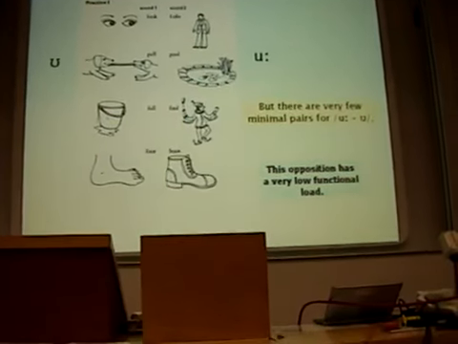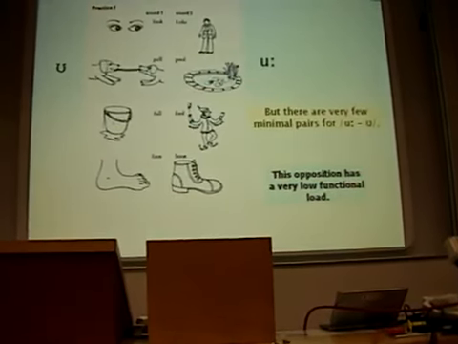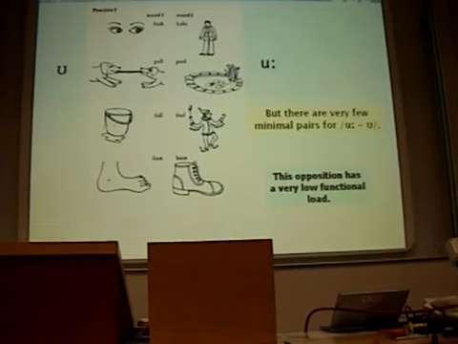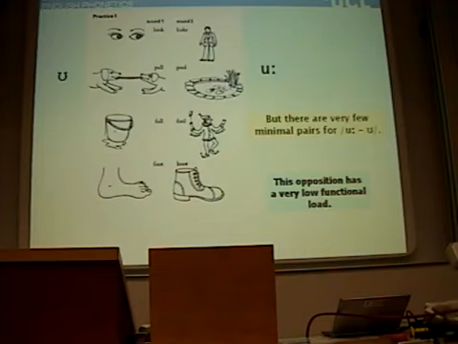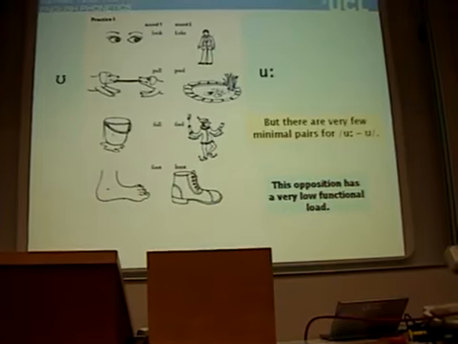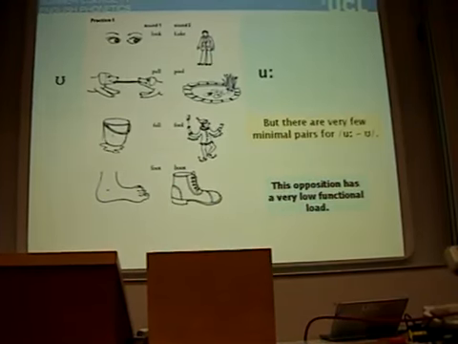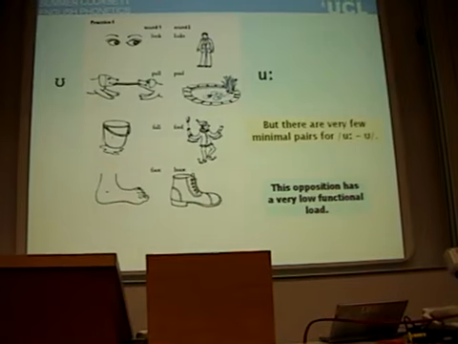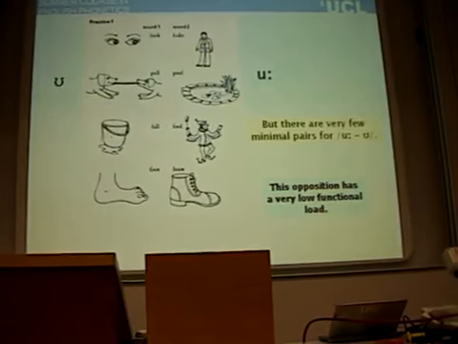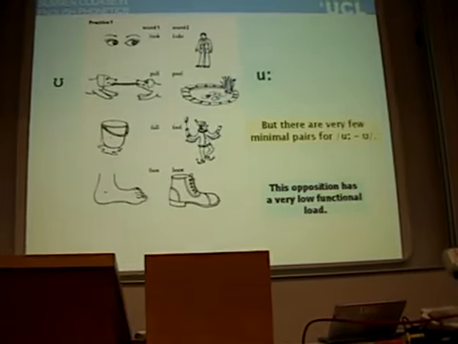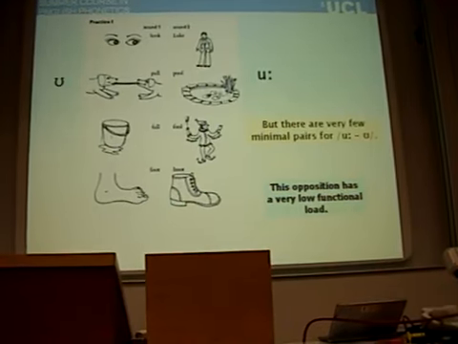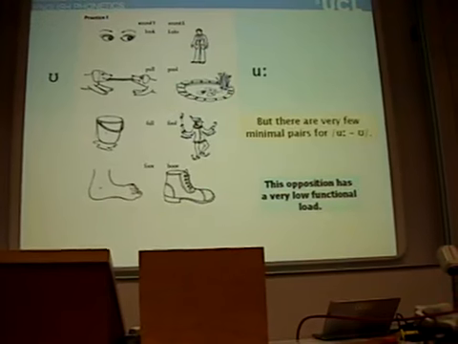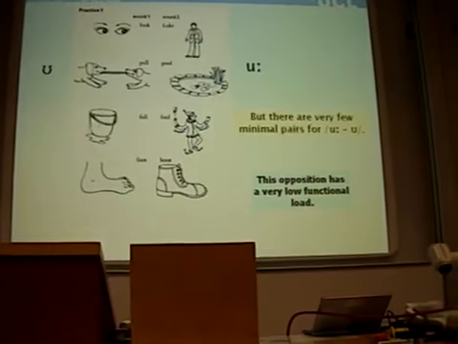So we do have look and Luke, the man's name Luke. We do have pull, tug, and pool, small lake. We do have full, not empty, and fool. We do have, well, non-rhyming pairs like foot and boot or foot and shoot. But really, you can get by without this contrast.